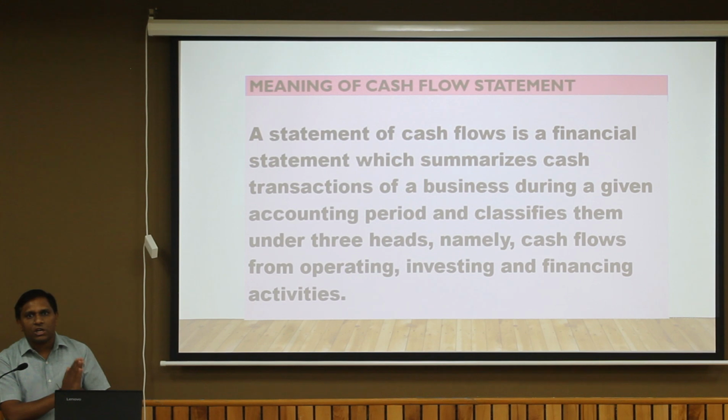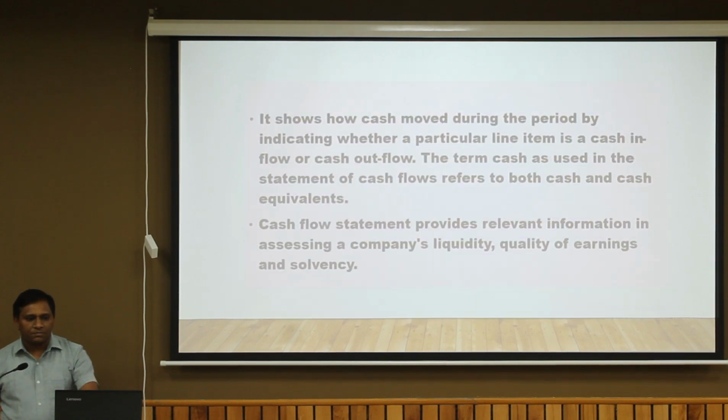Hence the definition of cash flow statement, when you are learning, should be a statement which indicates inflow or outflow of cash and cash equivalent from investing, operating and financing activities. So my dear students, the activities should be mentioned there in order to secure full marks.